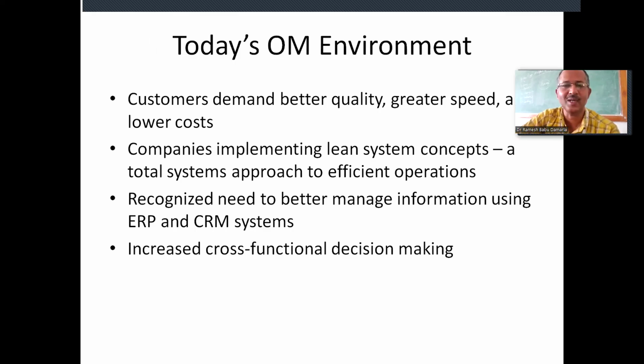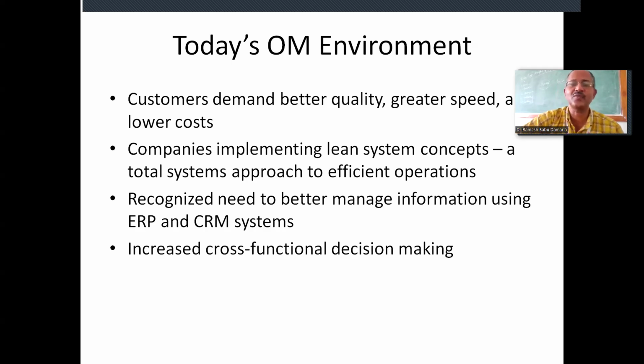Before closing, let us see what is today's operations management environment. Customers demand better quality, at greater speed, and lower costs. Companies are implementing lean systems concepts with minimal resources, zero wastage, how to manufacture more things and operations. People recognize the need to better manage information through ERP systems, enterprise resource planning, and CRM systems.